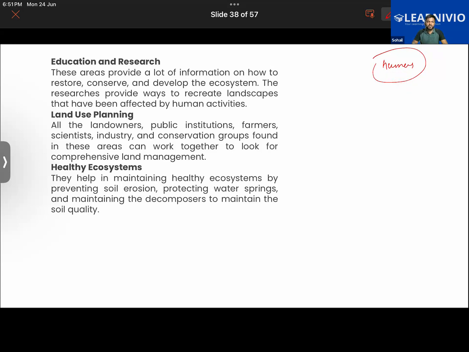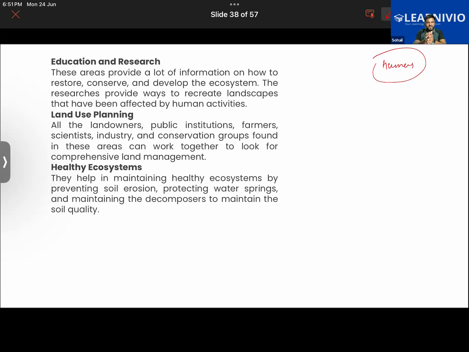A soil having more humus will be darker in color. The roots of the trees hold the soil together and allow the surface water to seep into the soil.